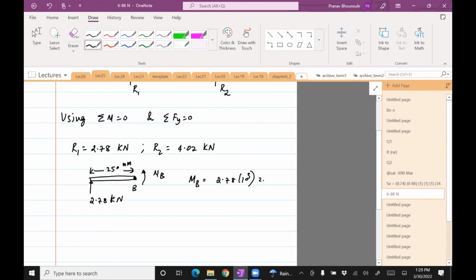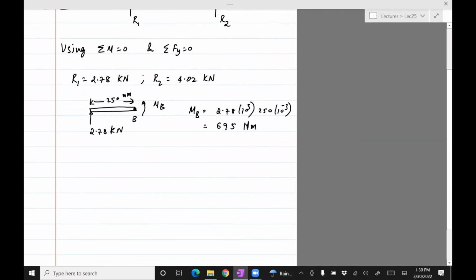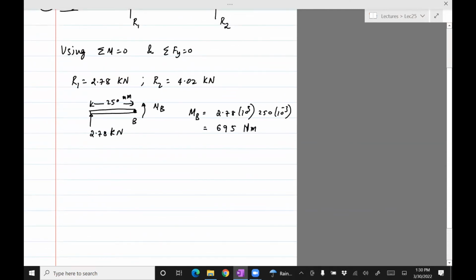And then this I need to multiply with 10 raised to -3 to convert millimeters to meters. And so M at B is 695 Newton meter.